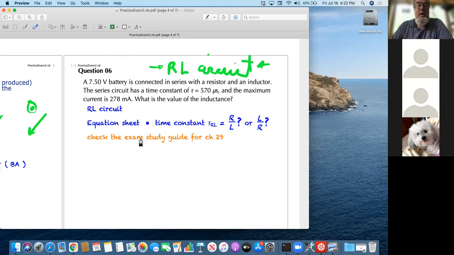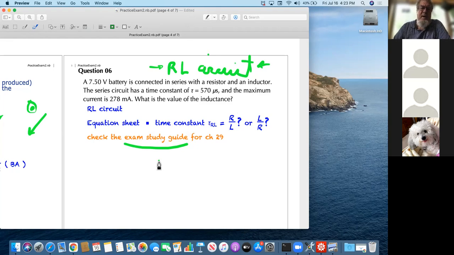Well, if you've got the equation on your exam equation sheet, and you'll find it in the exam study guide for chapter 29, or you'd also find it in the review number 2, you would have written down whether it's R over L or L over R. Otherwise, you have to figure out, is it R over L? Is it L over R?